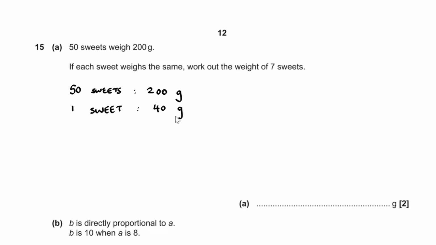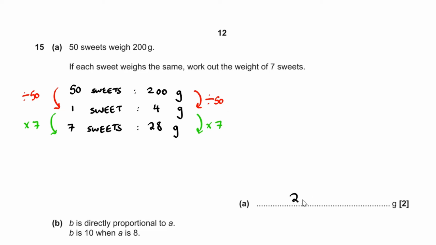So 1 sweet weighs 4 grams, because 200 divided by 50 is equal to 4, and therefore for 7 sweets we would have to do 4 times 7, which is 28. So 7 sweets weigh 28 grams.